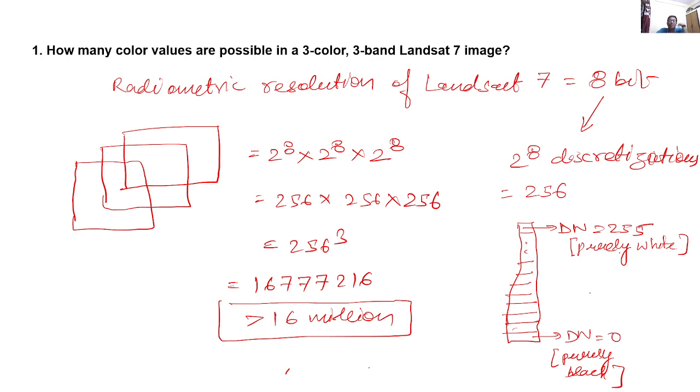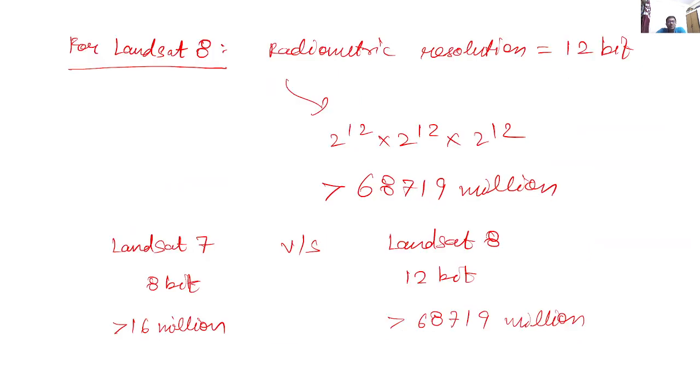It's basically a question of permutation combination itself. We found out that when we move from a Landsat 7 image to a Landsat 8 image, of course, the radiometric resolution increased by 4 bits from 8 bit to 12 bit. The number of color values would increase massively.